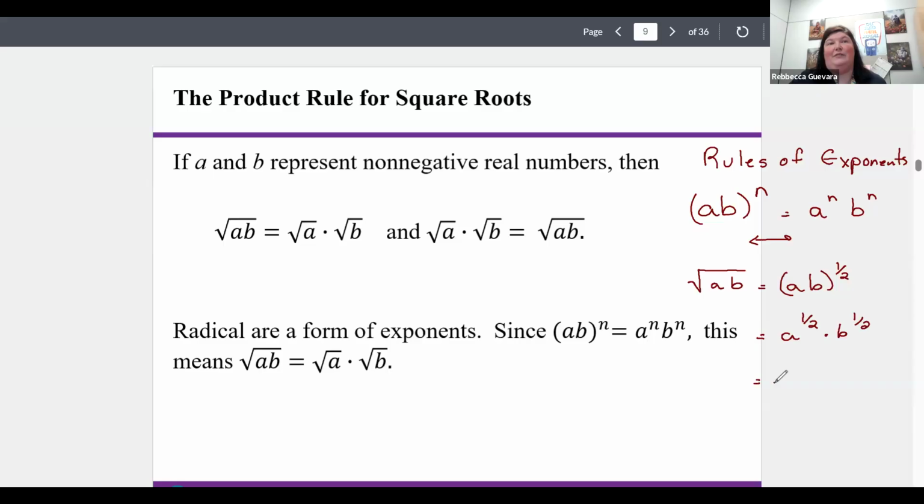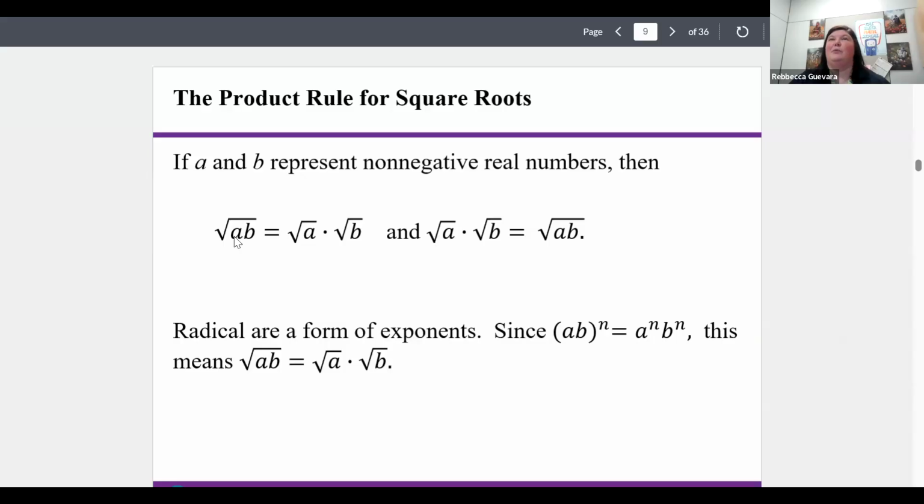And a to the power of 1/2 is just the square root of a, and the square root of b. So it's really just using that rule of exponents and then that concept that radicals are really just representations of exponents. This is an important rule here because we use this to simplify square roots.